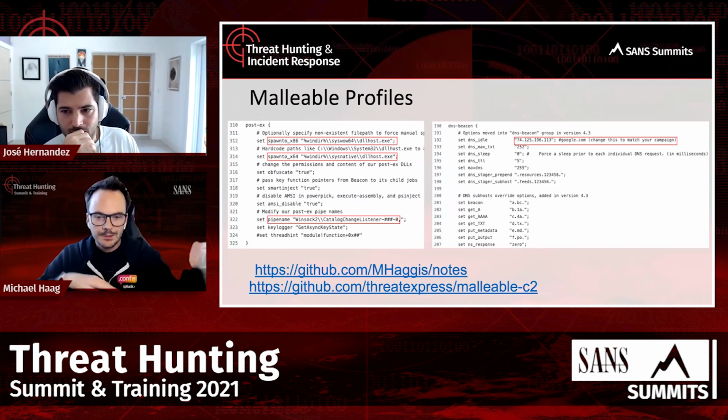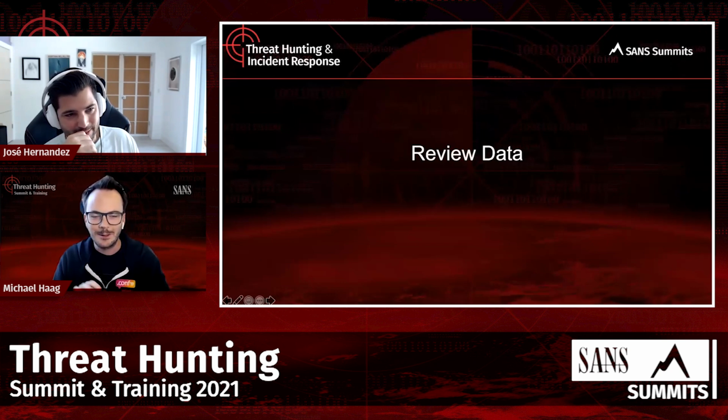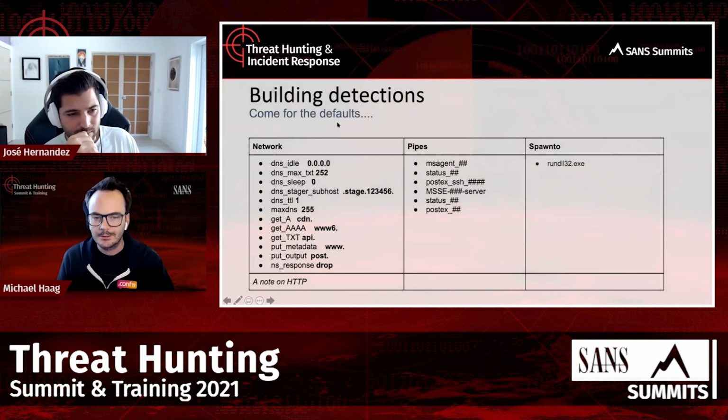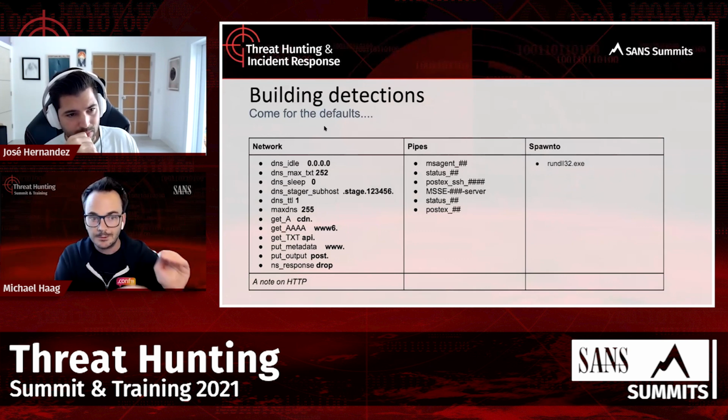So once you get that very quick, brief understanding of malleable profiles and how they look, let's look at some of the default settings that we get from profiles and or the beacon configs that we pull out of these servers. So real quick on the network side, all of these are static values in the base team server config.